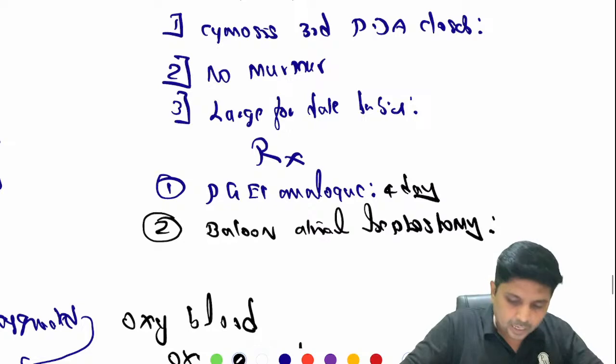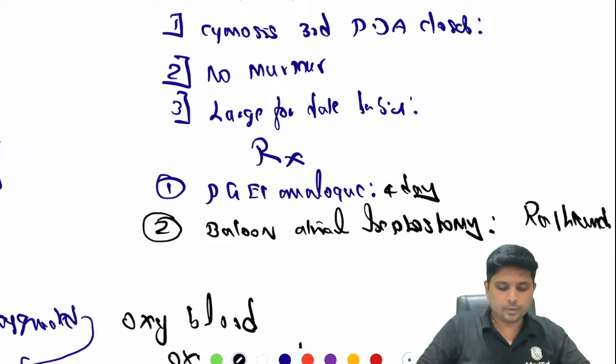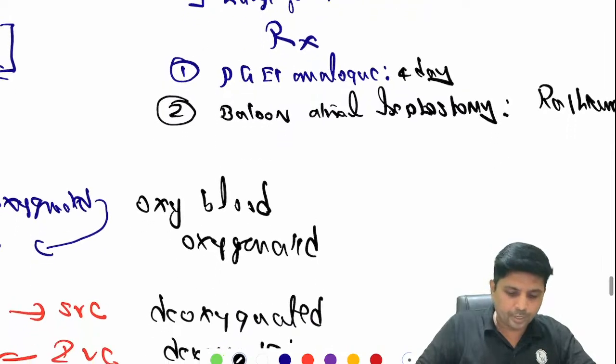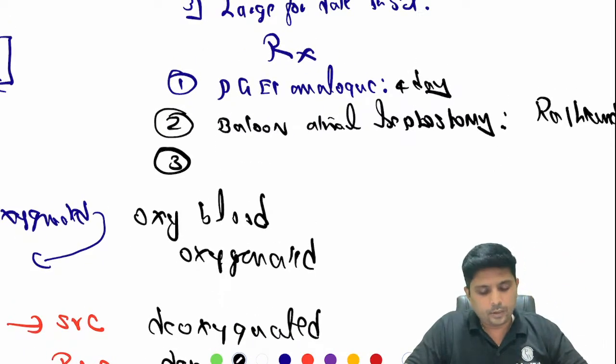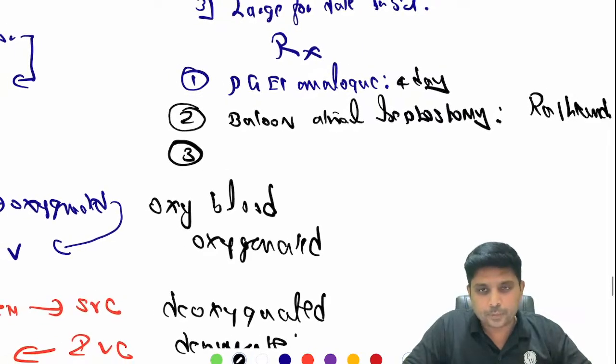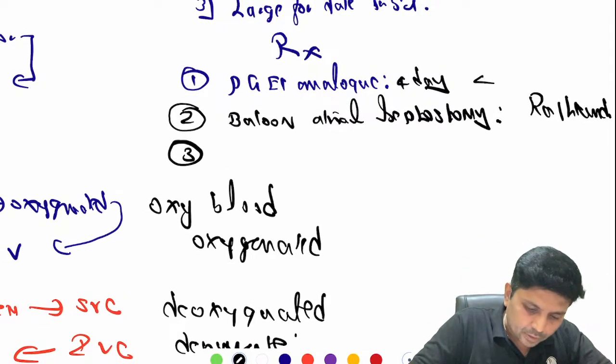The name is Rashkind balloon atrial septostomy. This should be done within the 4th week.